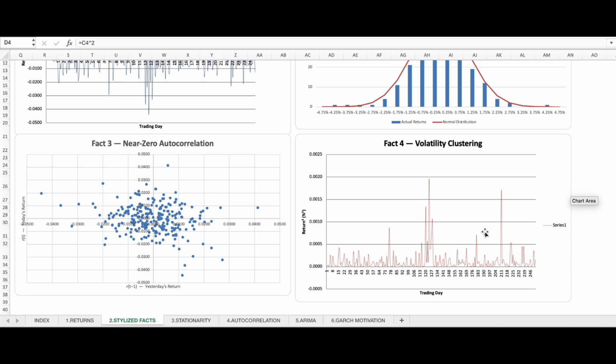And that gap, direction being unpredictable but magnitude being predictable, is the entire justification for GARCH modeling. ARIMA captures structure in the conditional mean. GARCH captures structure in the conditional variance. And we need both to describe a return series properly.